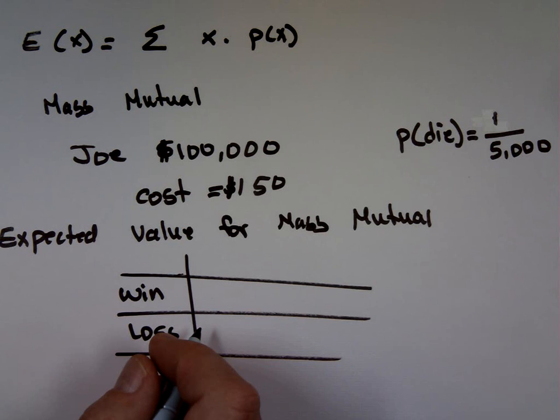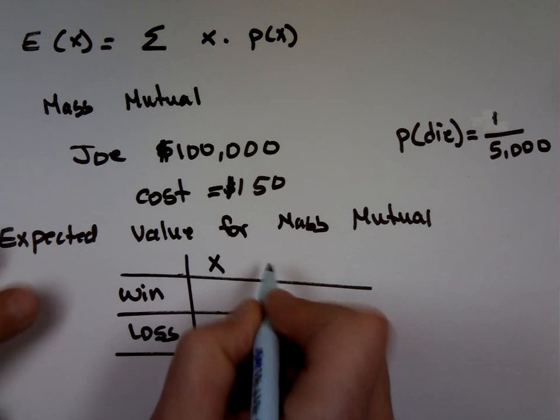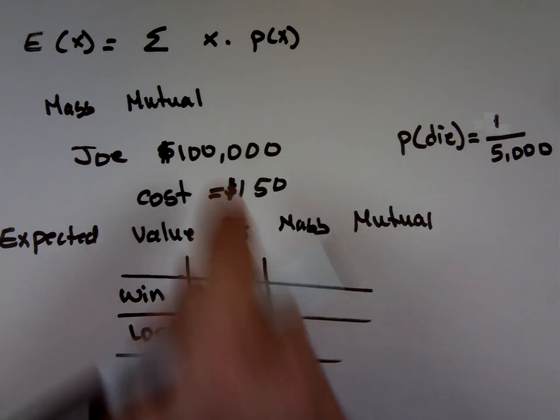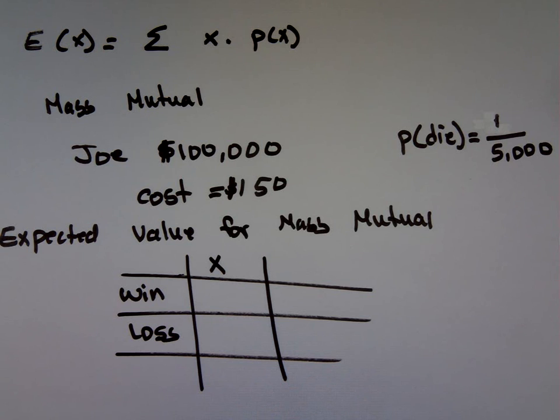How much do they win if they win? Well, they win if what? I'm talking about Mass Mutual. They win if nothing happens to Joe. And how much do they win? 100,000 plus 150 per year. Nope, they didn't win the 100,000. Well, they kept the 100,000. Yeah, but that's not winning. They win the 150. They won $150.